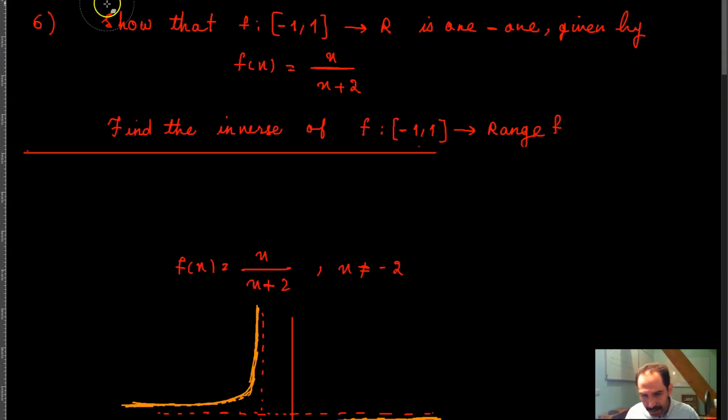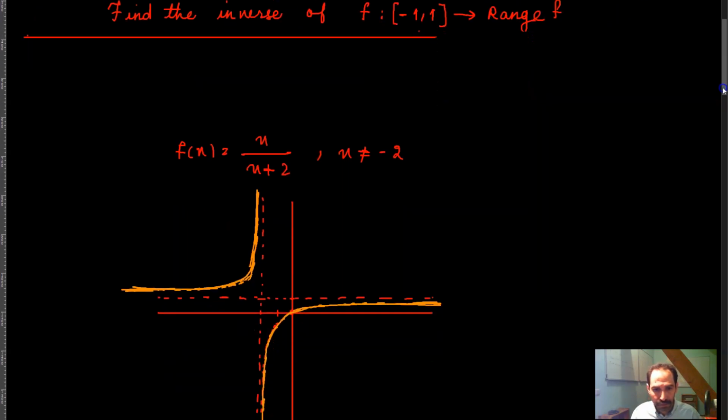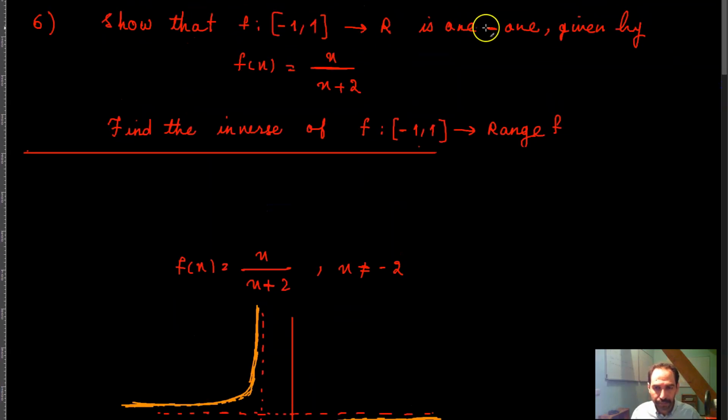Okay, so the next thing that we want to find out about this function is if the function is 1, 1. We want to show that this function is 1, 1. Now, of course, you need to prove using algebra and that sort of thing that the function is 1, 1.